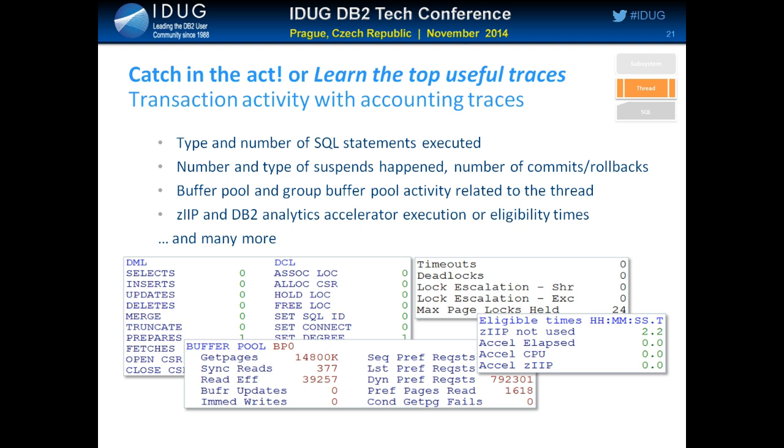Then you may get buffer pool related information, that the job had so many getpage requests from the buffer pool. Then you also get the Db2 analytics accelerator execution or eligibility time. So if you run accelerator modeling, you will get some metrics here also for the accelerator.